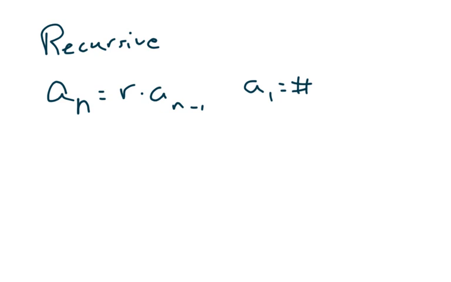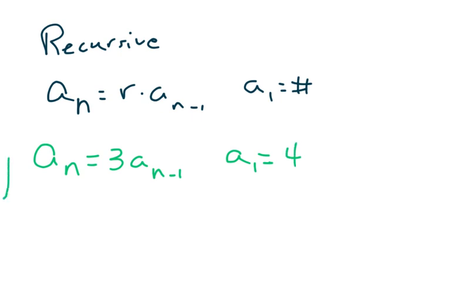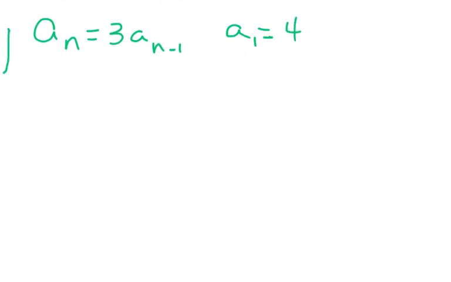For example, if I had a recursive rule written with 3, and I know that I'm going to start at 4, I could build my sequence. It starts at 4, that's what a1 says.